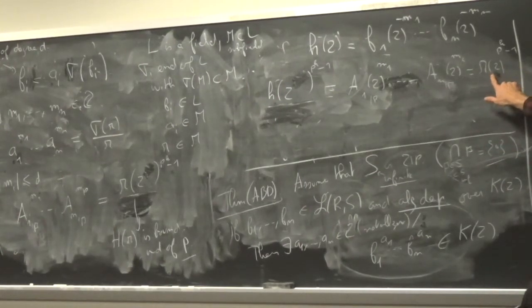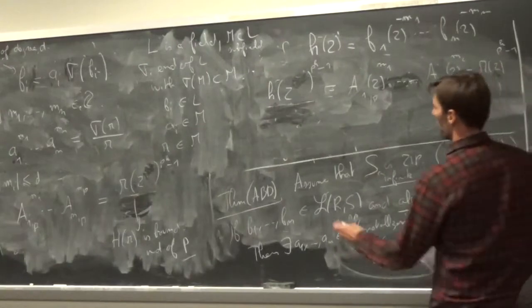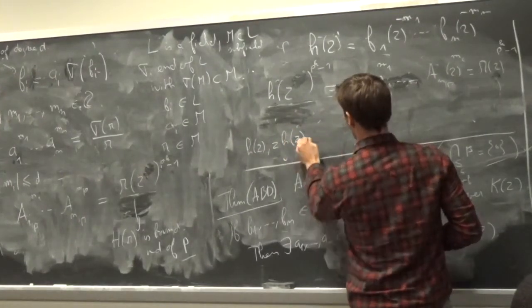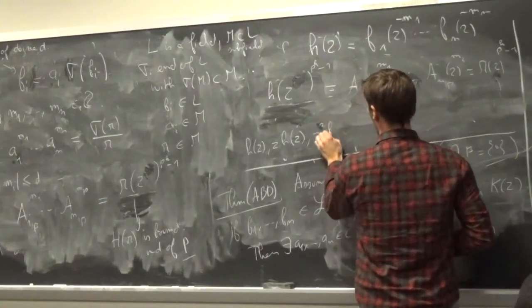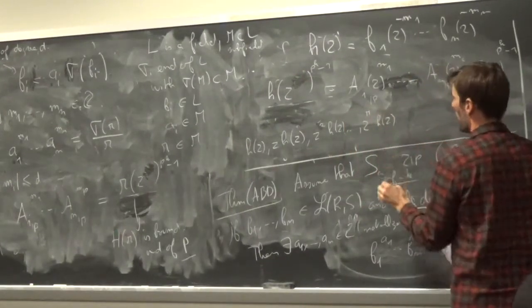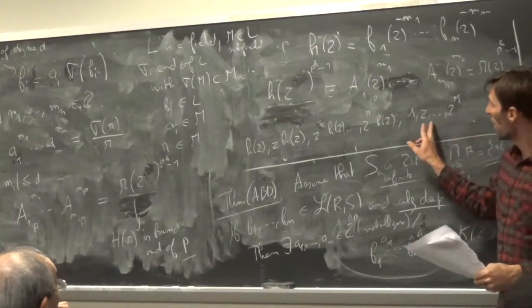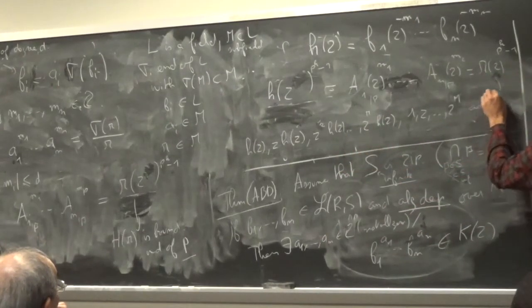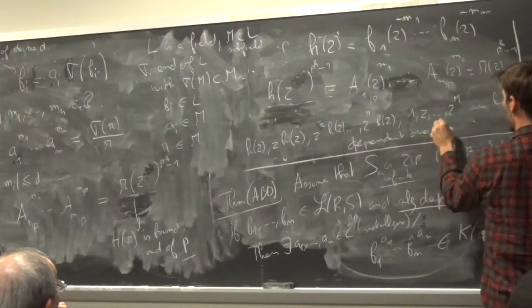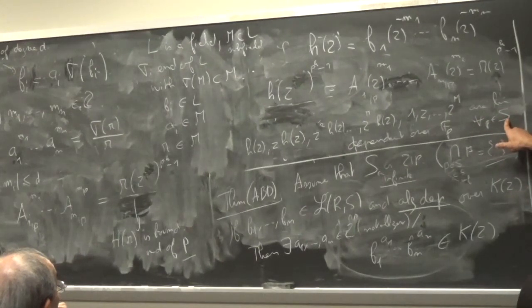But the point is that because the order here is bounded independently of p, what you get is that something like h(z), h(z) squared, h(z) up to some z to the M, and 1, z, up to z to the M. So for some natural number M, all these power series are linearly dependent over F_p for all p in some infinite set S.